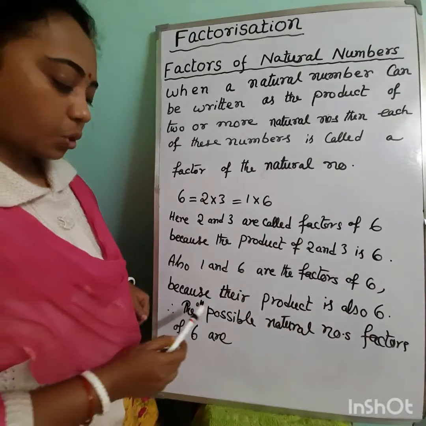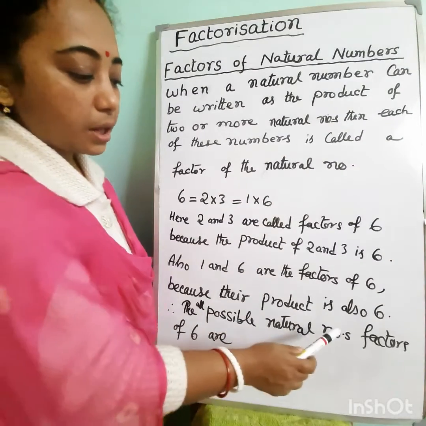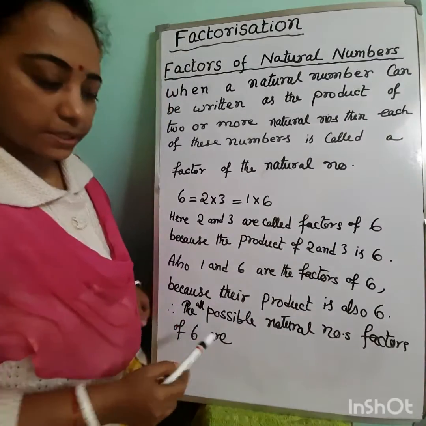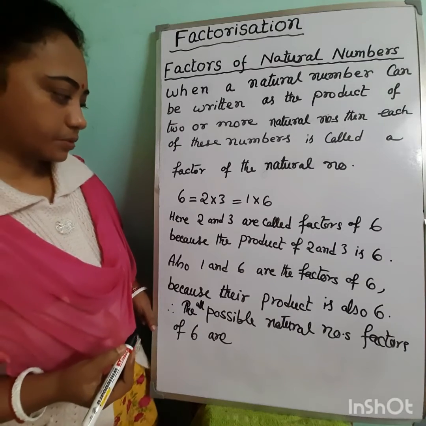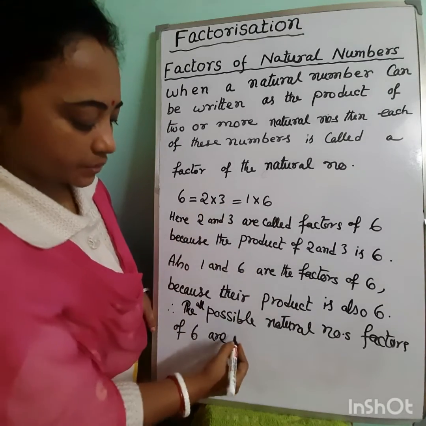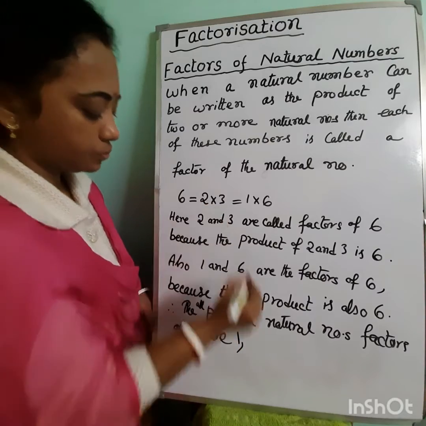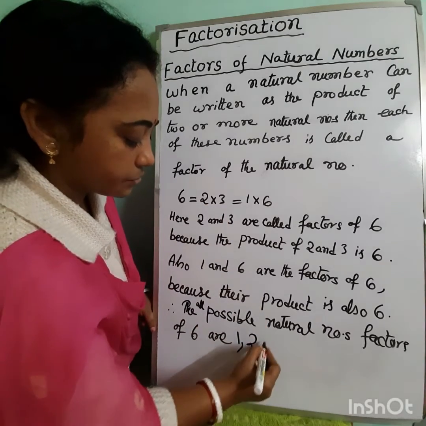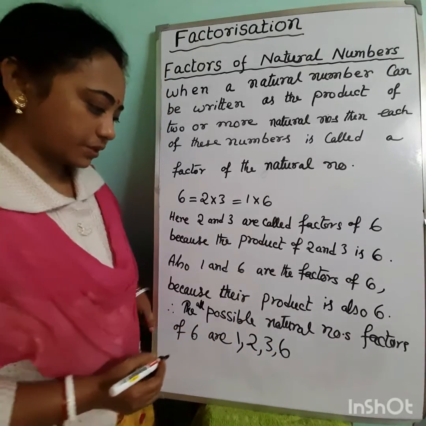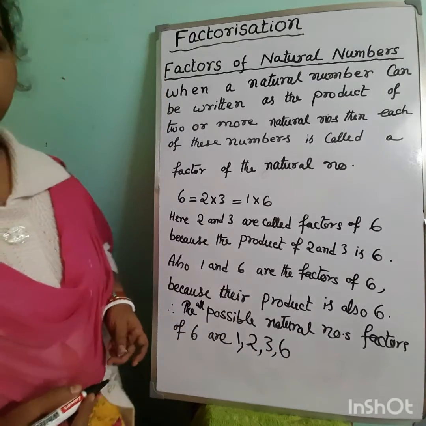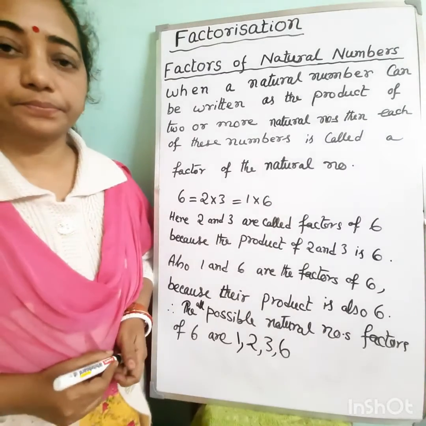So all possible natural number factors of 6 are 1, 2, 3, and 6.